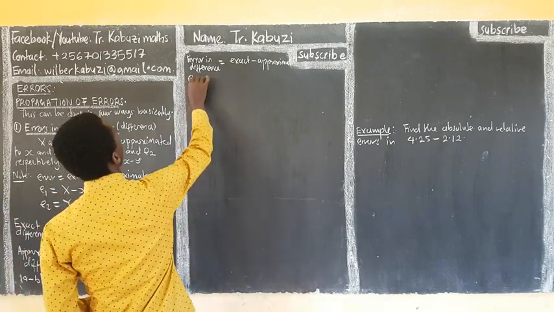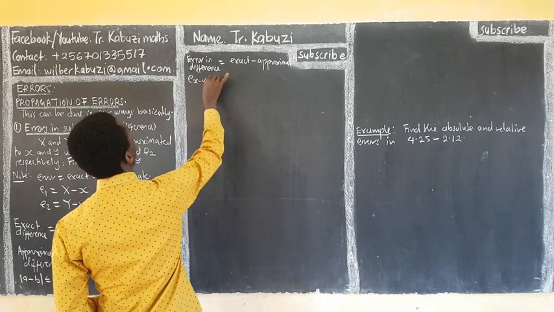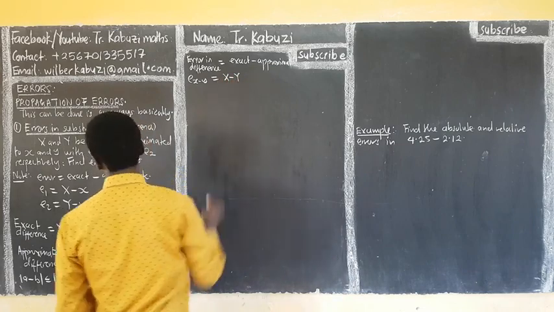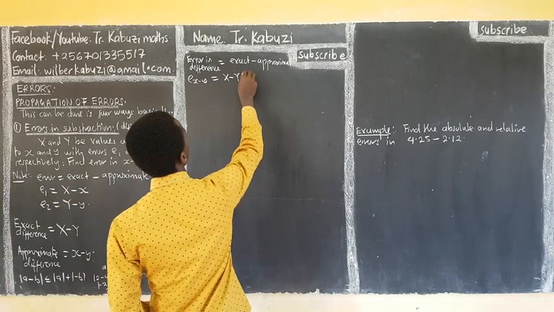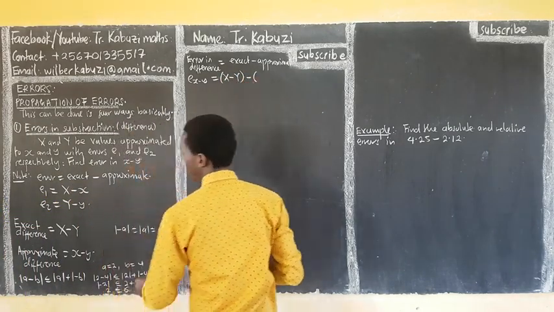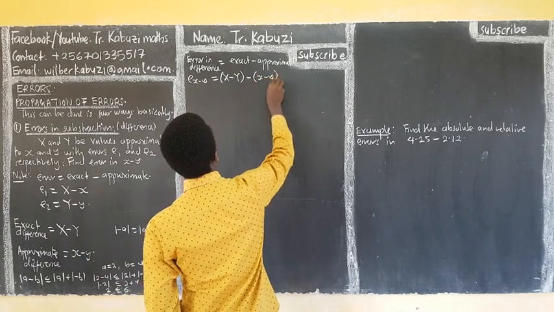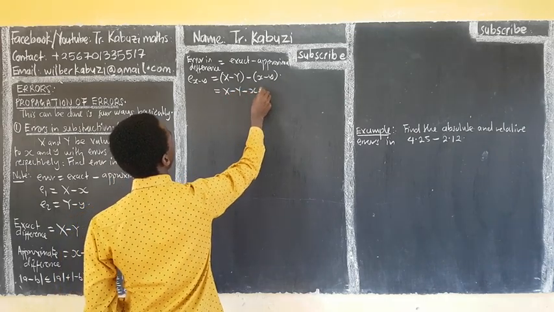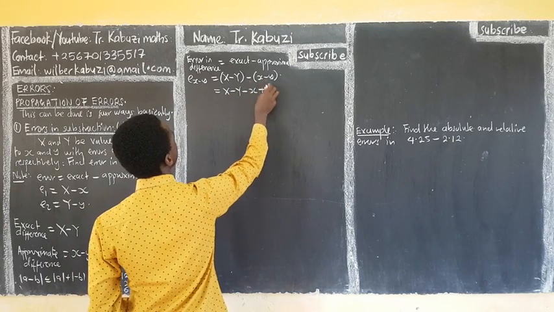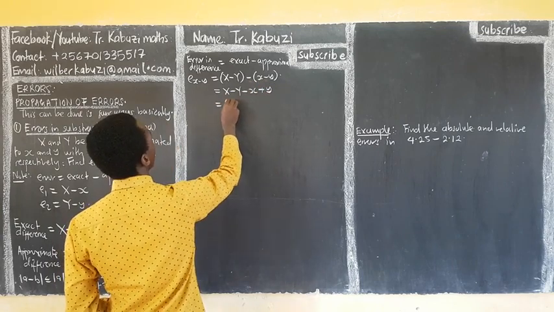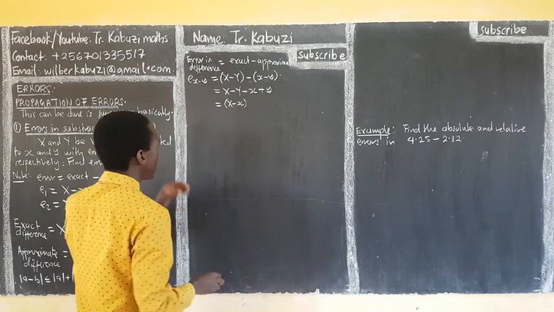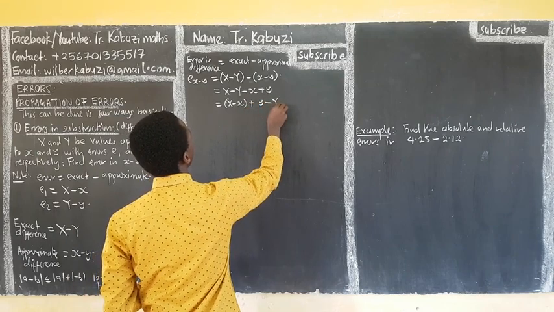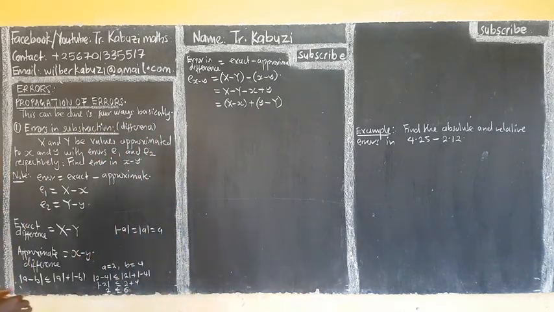So here my error in x minus y is going to be the exact difference, capital X minus capital Y, minus the approximate difference, which is small x minus small y. Opening the brackets, this will be capital X minus small x, then plus small y minus capital Y. Now what happens there?